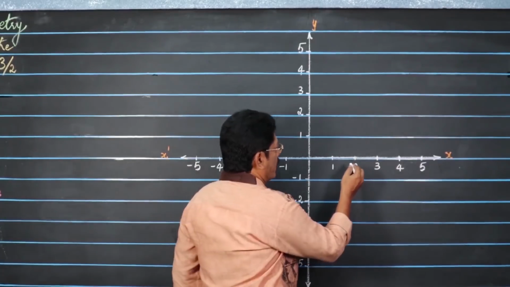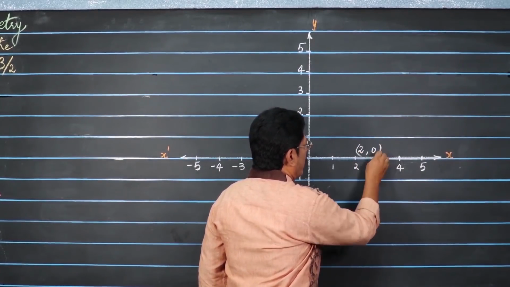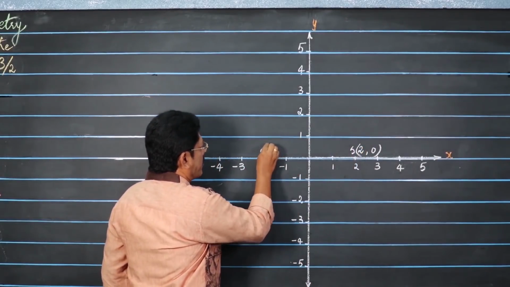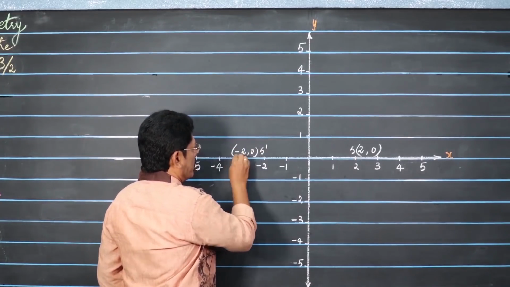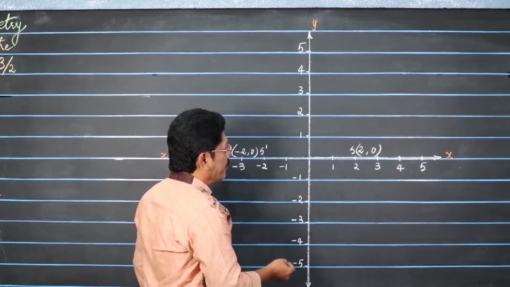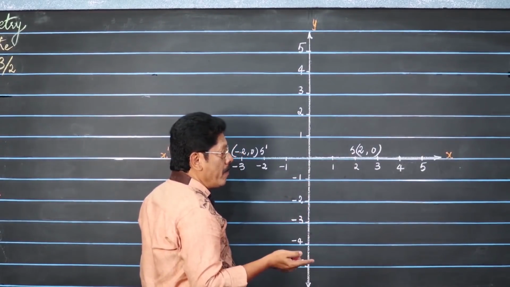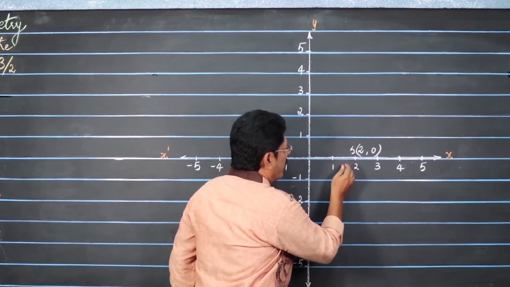The foci is 2, 0 as S and S dash is minus 2, 0. Then the vertex is plus or minus 1.3, 0. So your 1.3 will be here.